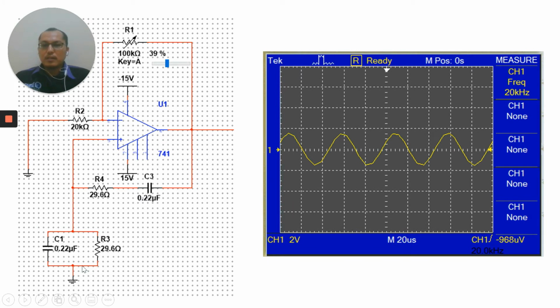This is the circuit after decreasing R to 29.6 ohm, and the output is 20 kilohertz frequency. Thank you.